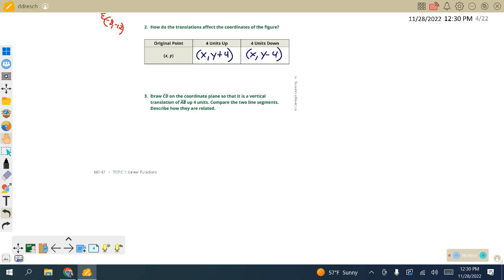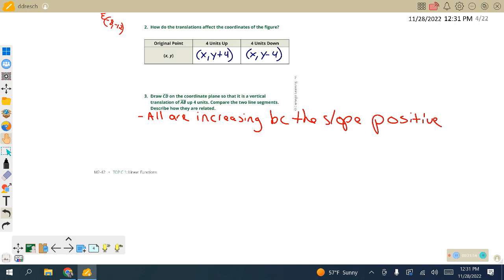So let's bring that together with everything you guys said. Okay. So let's see. We just said all are increasing because the slope is positive. I heard continuous. And the one that we were really trying to get to, as Ms. Keel pointed out, is that more in that slope.